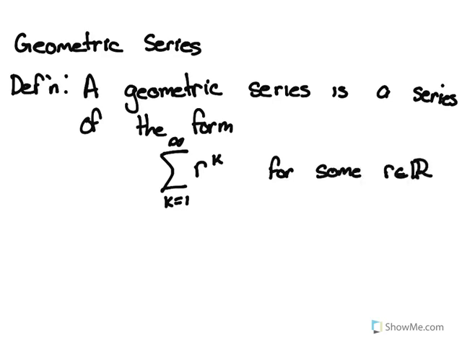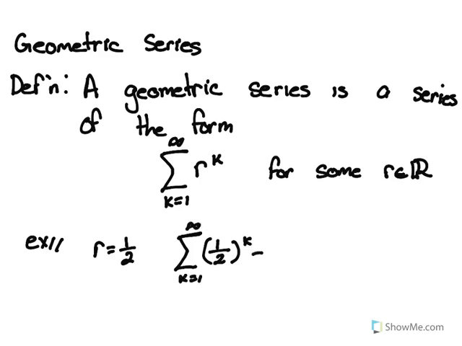Examples of this would be r equals 1/2. This is the series sum of 1/2 to the k, k equals 1 to infinity, which is equal to 1/2 plus 1/4 plus 1/8, and so on.